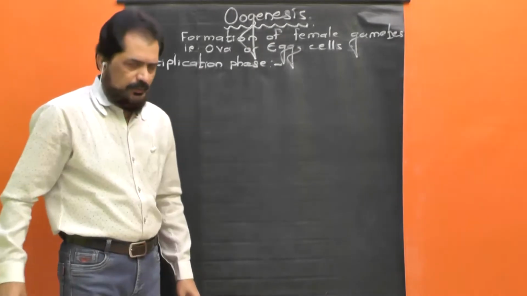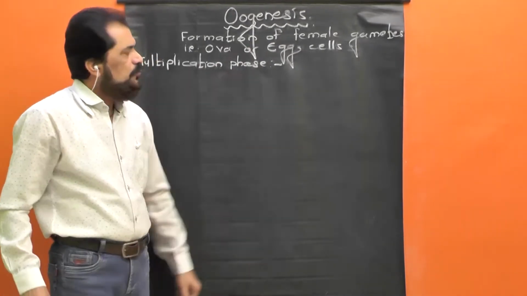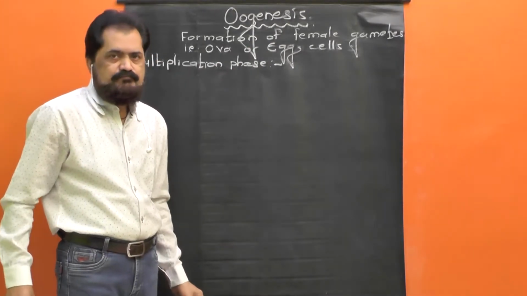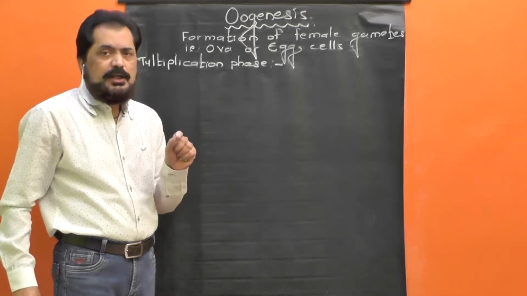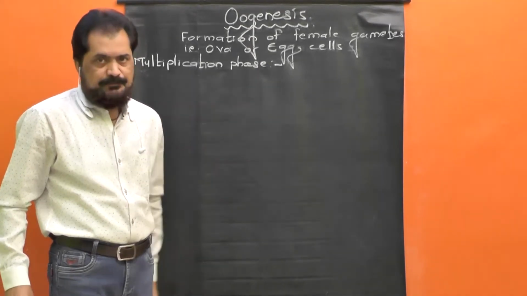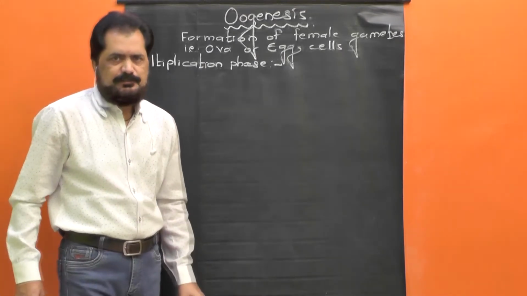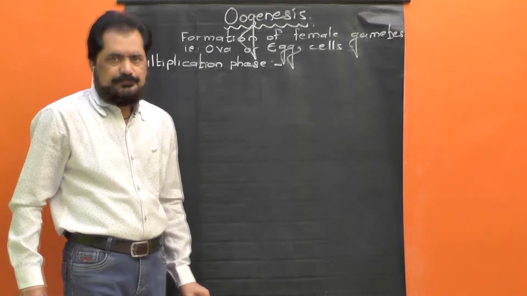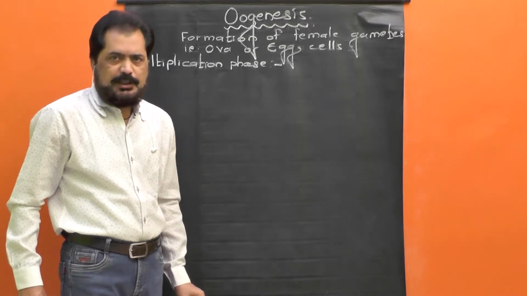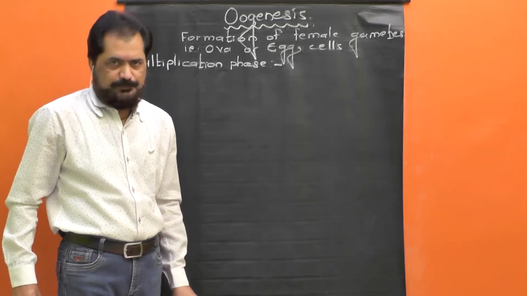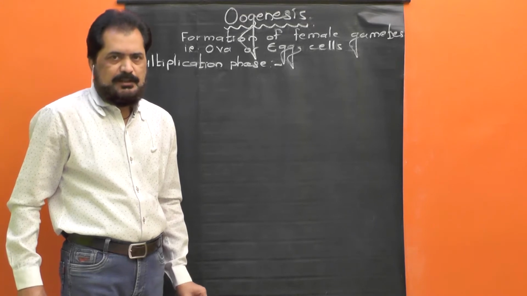I said just now that the process of oogenesis starts in the ovary of the female fetus. Now, some of the germinal epithelial cells of the ovary undergo repeated mitotic cell division. Listen carefully.